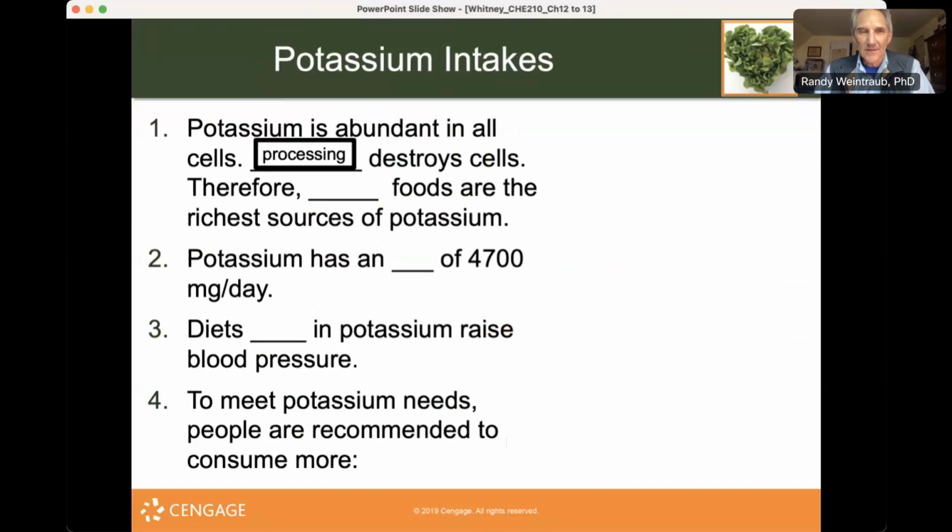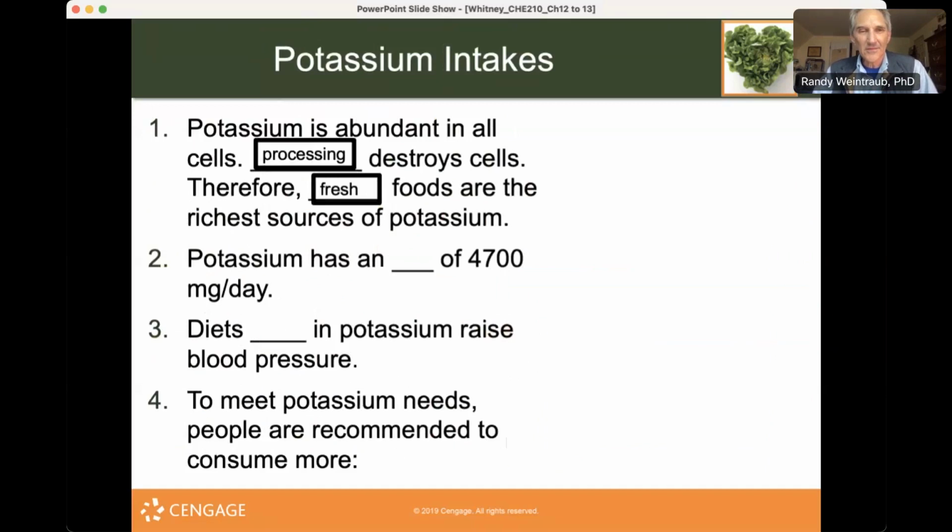It's usually abundant in our cells, but processing, for instance in processed foods, could destroy the amount of potassium present, whether that's in foods or in our body.